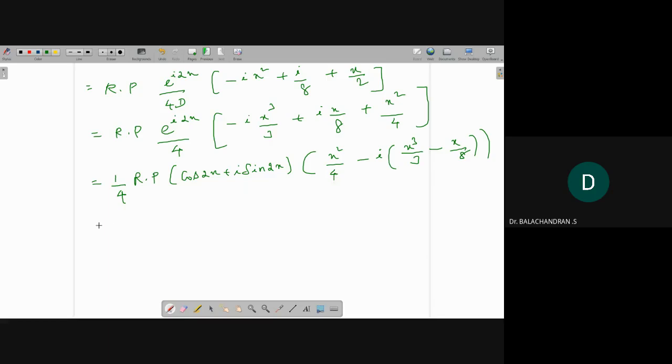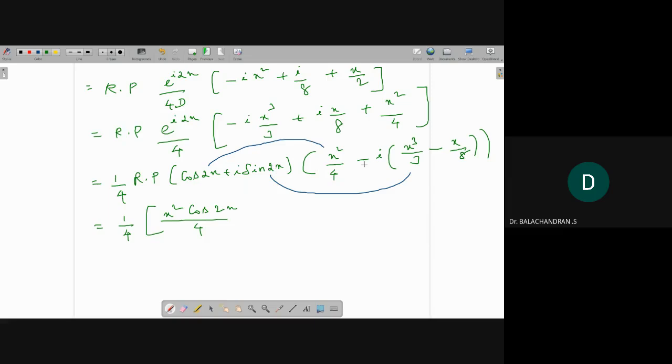If you know the final answer, real part, any one of you can tell. Real part means real into real, imaginary into imaginary. So we'll get 1 by 4 into x square cos 2x by 4.